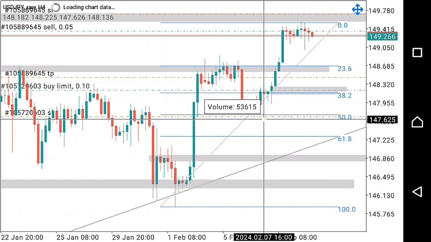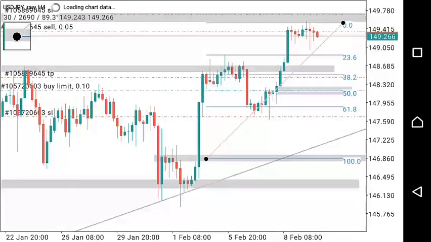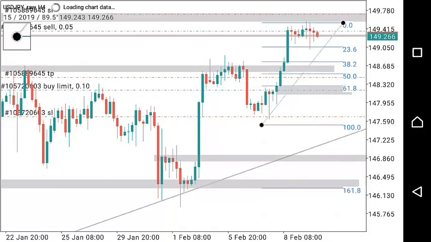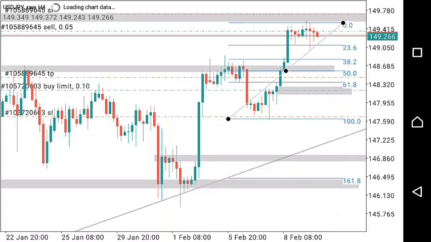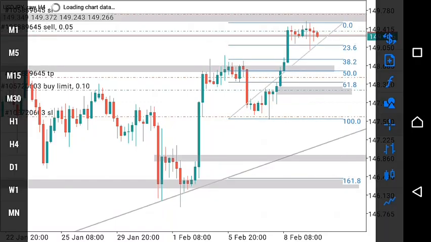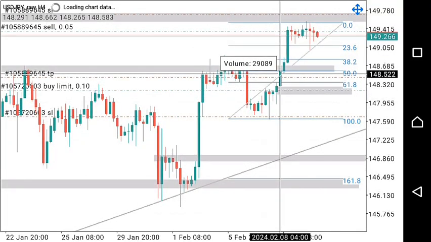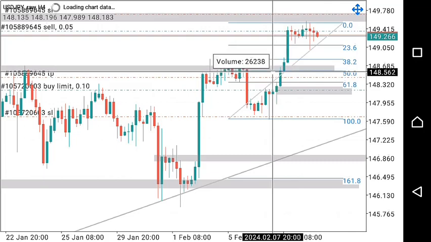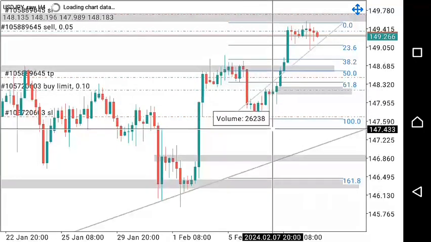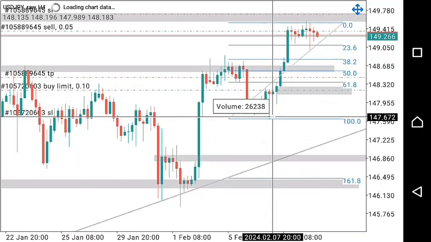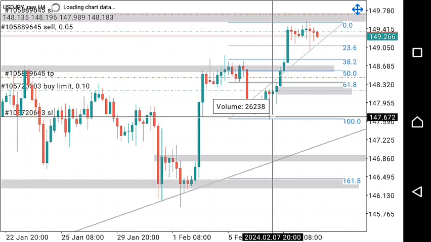But drawing our swing low from this area right here, you should be expecting to see this zone, 148.500 or 148.600 down to 147.700, as our discount area.